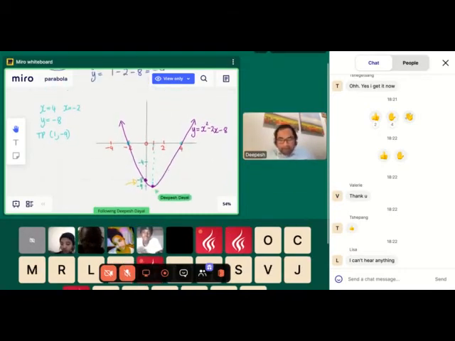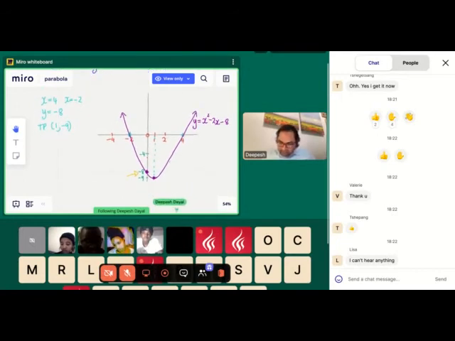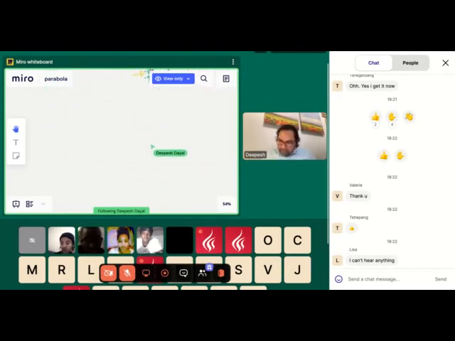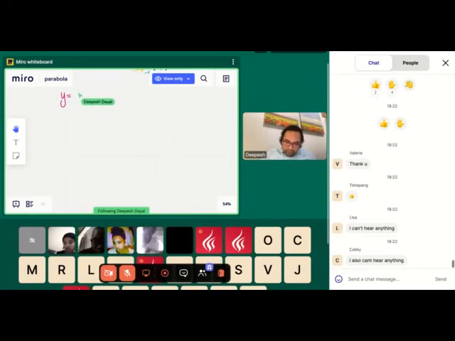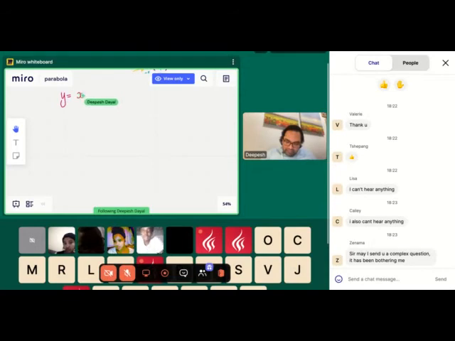Great. Okay, cool. So I'm going to move this up. I think you all have it ready in your books. So I'm going to give you another one here: y is equal to x squared minus 4x minus 5.